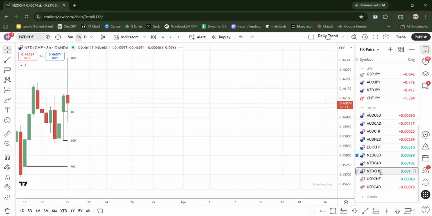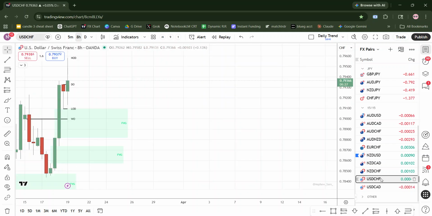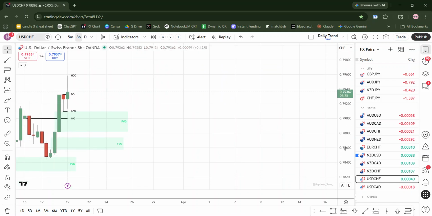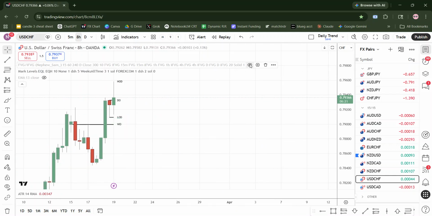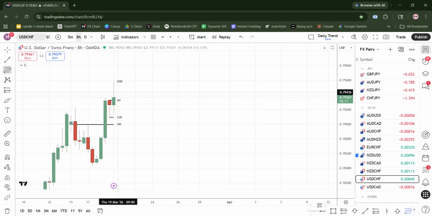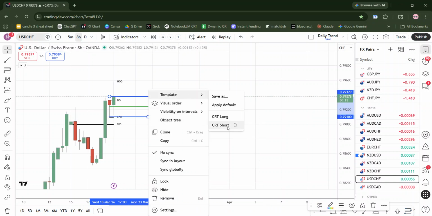No, I'm not interested in that. You could have a short there, but I'm just not interested. This one, let me get rid of these gaps. We could have a short forming here, possibly.